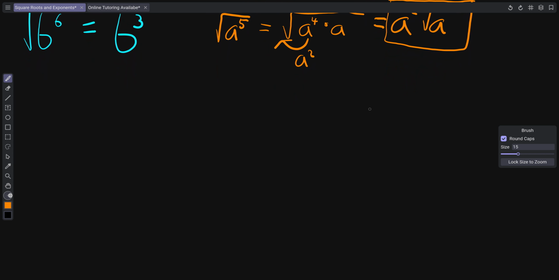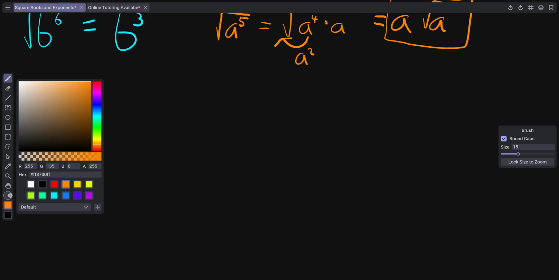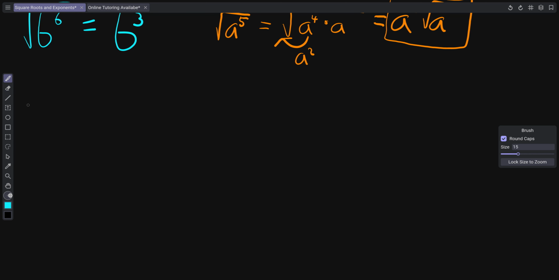So let's say we had something like a to the 7th and b to the 9th, and we wanted to get the square root of this. Well, we would factor it in a similar fashion.